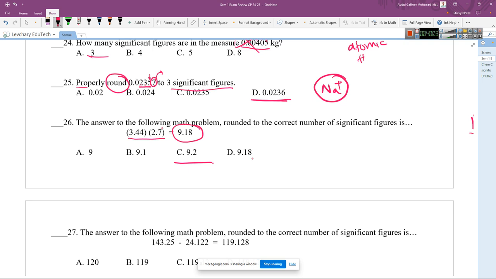Here we have three significant figures, and here we have two, and the answer should also contain the lowest number of significant figures of the numbers we multiplied. So the answer should be correct to two significant figures. We look at the third one, so we add 1 to the previous digit. So it becomes 9.2. Now I'm getting it.